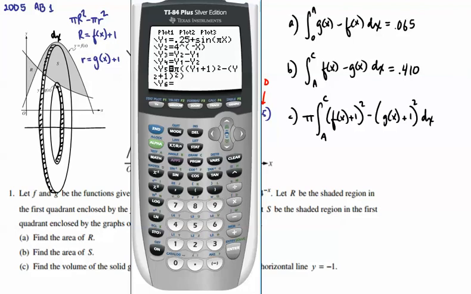So it's pi times f of x plus 1 quantity squared minus pi times g of x plus 1 quantity squared.